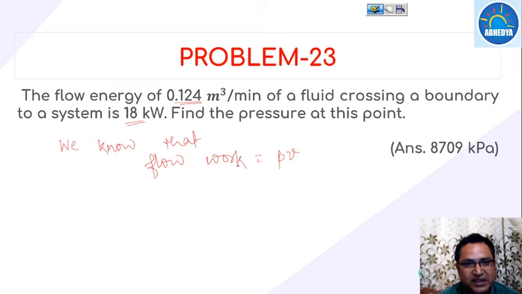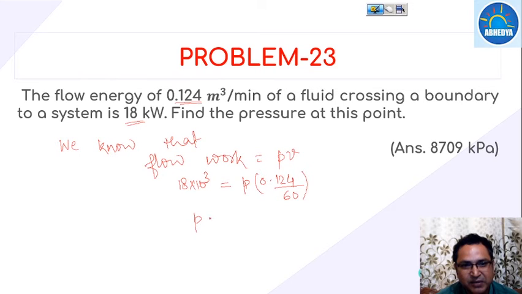If the flow work is 18 kilowatt, so 18 into 10 raised to the power 3 is equal to pressure, which we have to calculate, into this volume 0.124. This is meter cube per minute, so we have to make it in seconds because kilowatt is joule per second. So this will be 0.124, this much meter cube per second.